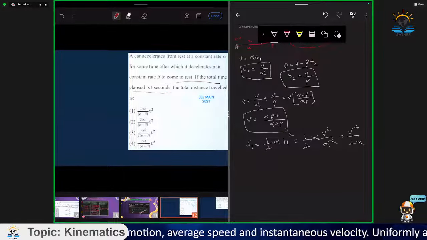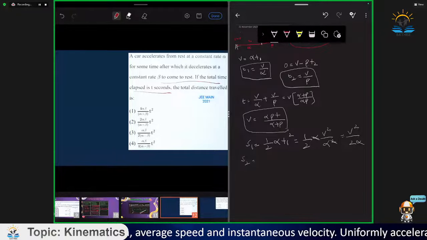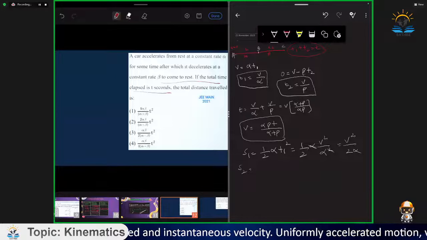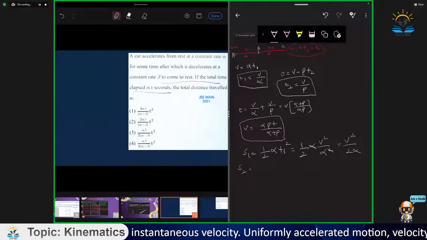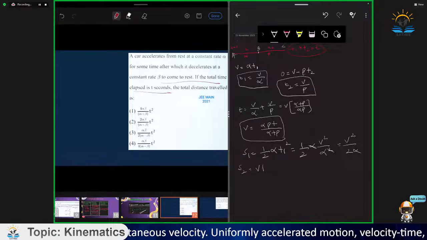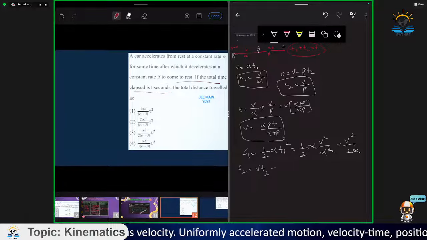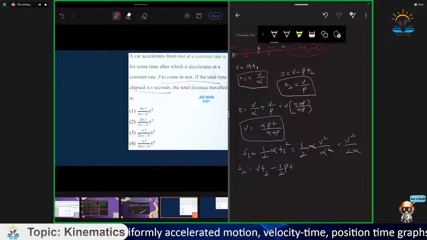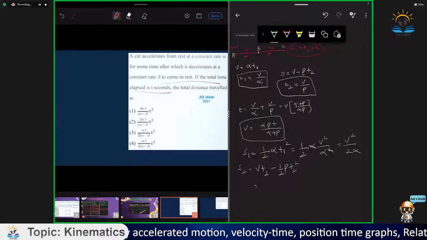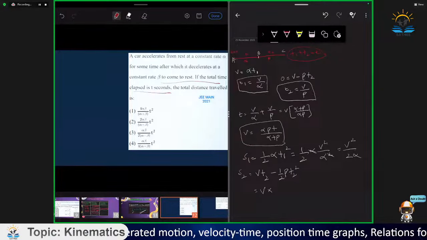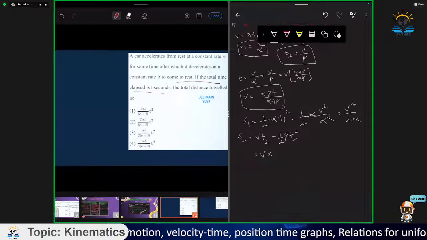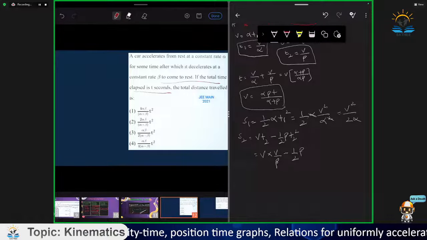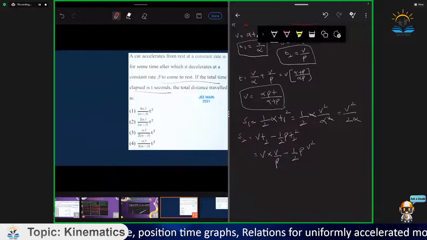And s2 is the distance from B to C. Again, ut plus half at square. Here ut is v into t2 minus half beta t2 square. So v into t2, t2 is v by beta, minus half into beta into t2 square, which will be v square upon beta square.